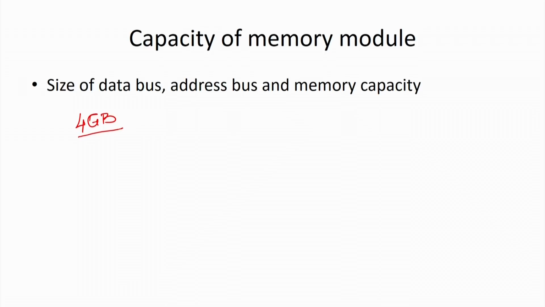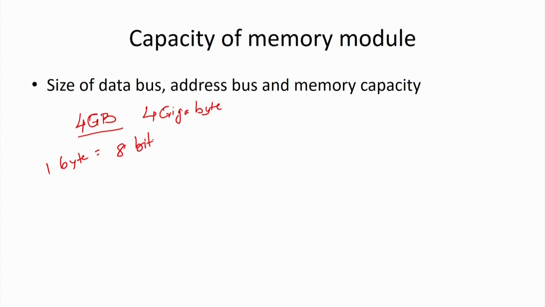You generally say that your computer has 4 GB memory. So it means it has 4 gigabyte. What is byte? I think somewhere we have mentioned 1 byte is equal to 8 bit.